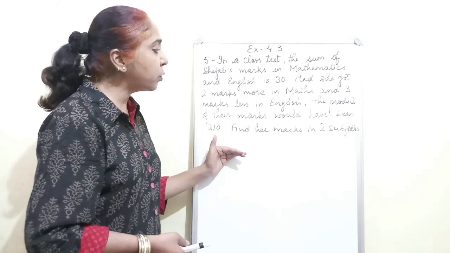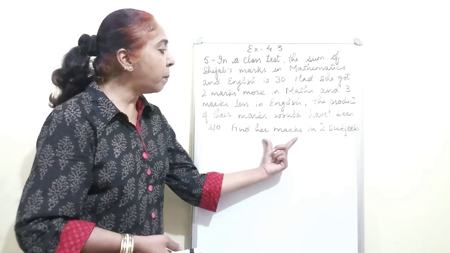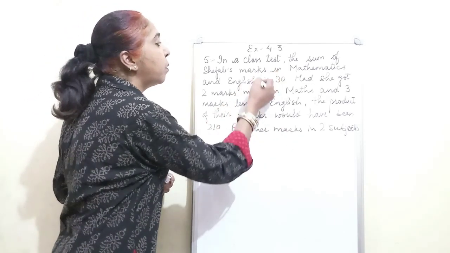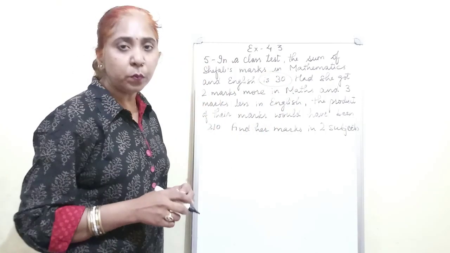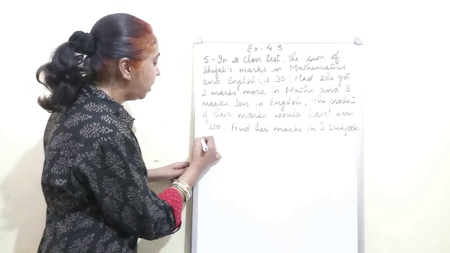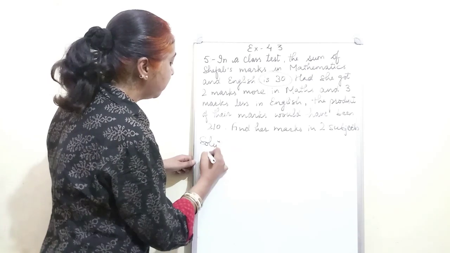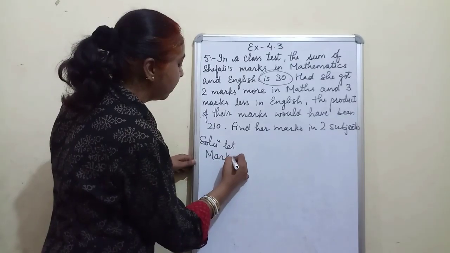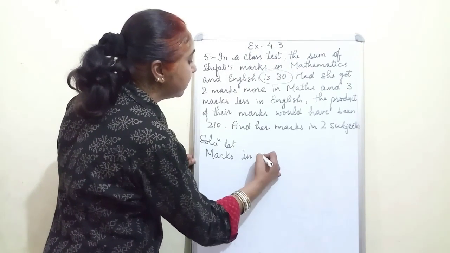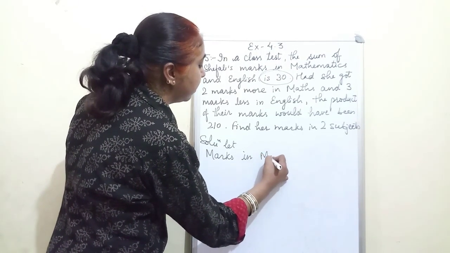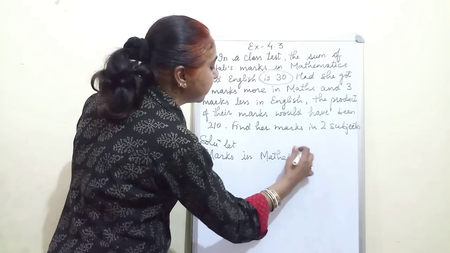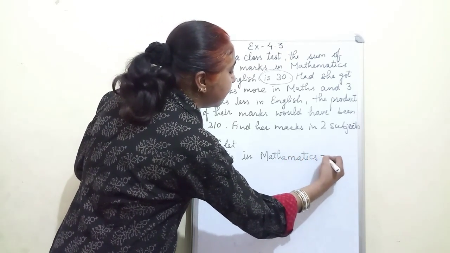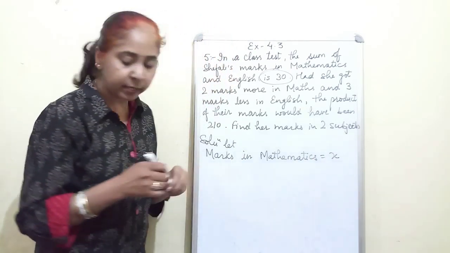So for doing this question, because we have to find out the marks in 2 subjects, and also we know that the sum of the marks is 30, let us suppose marks in mathematics is equal to x.